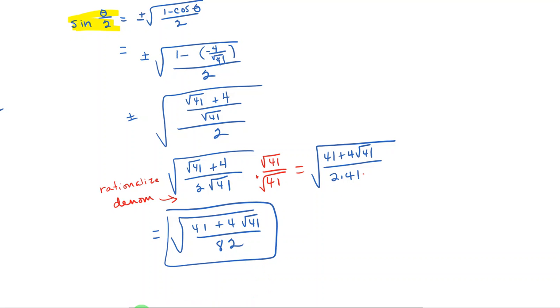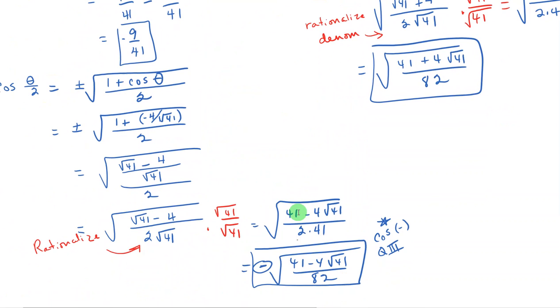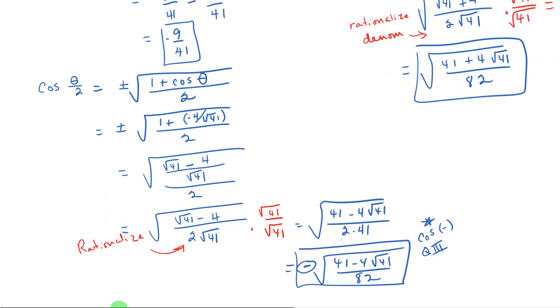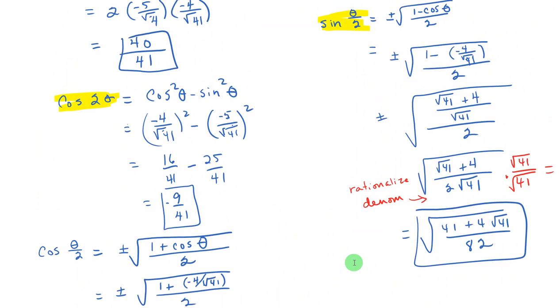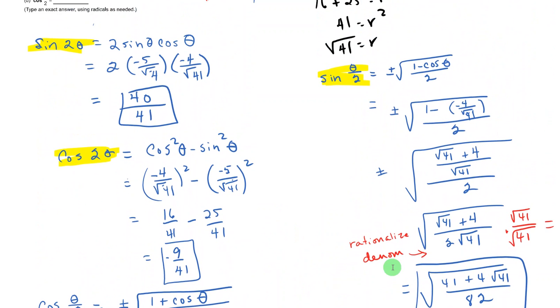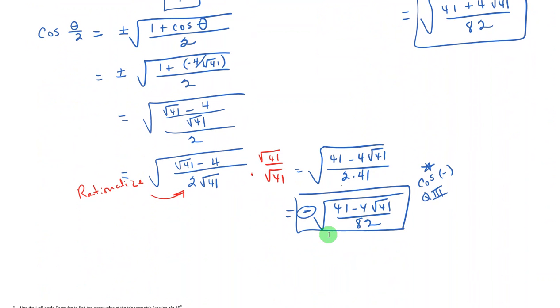And then we need to do the same thing with cosine theta over 2. And let's get back completely over here. And we do all of the same thing, but since we're in the third quadrant, cosine is negative, so we do have the negative out here. We were in the sine, let's see, quadrant 3, yes.